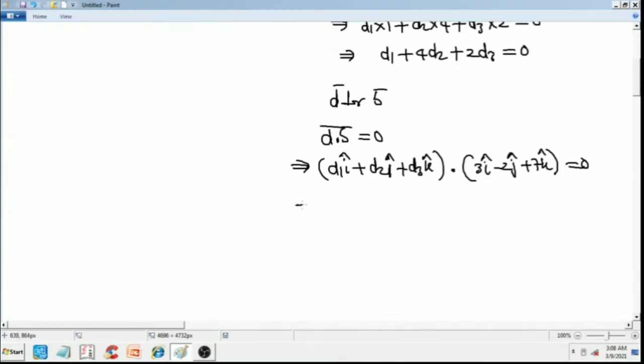Now multiply: D1 into 3 is 3D1, plus D2 into minus 2 is minus 2D2, plus D3 into 7 is 7D3, equal to 0. The minus is there, let it be there.